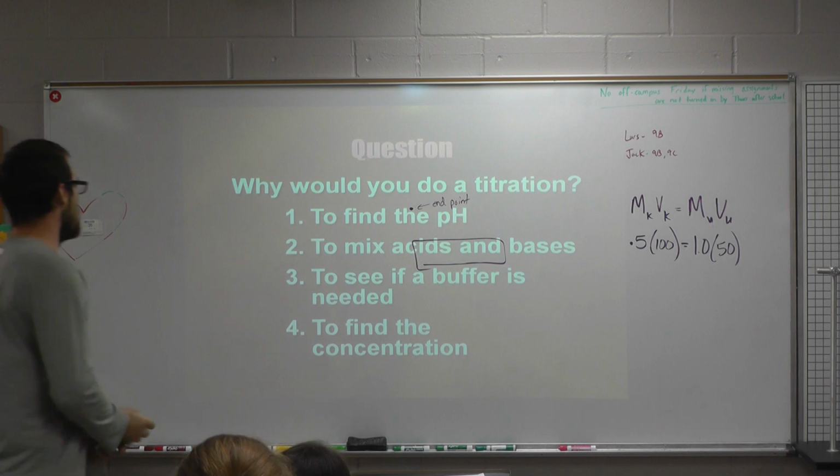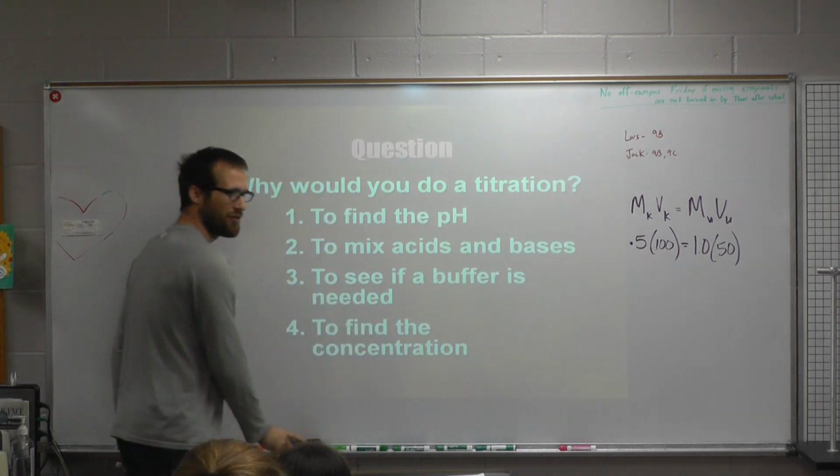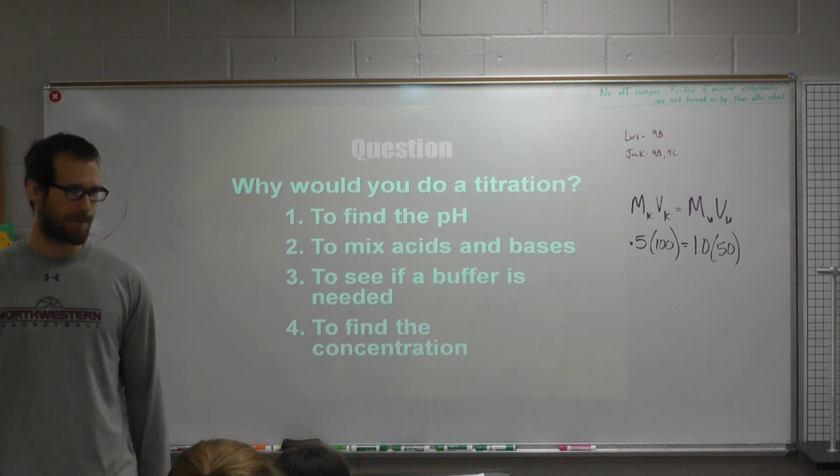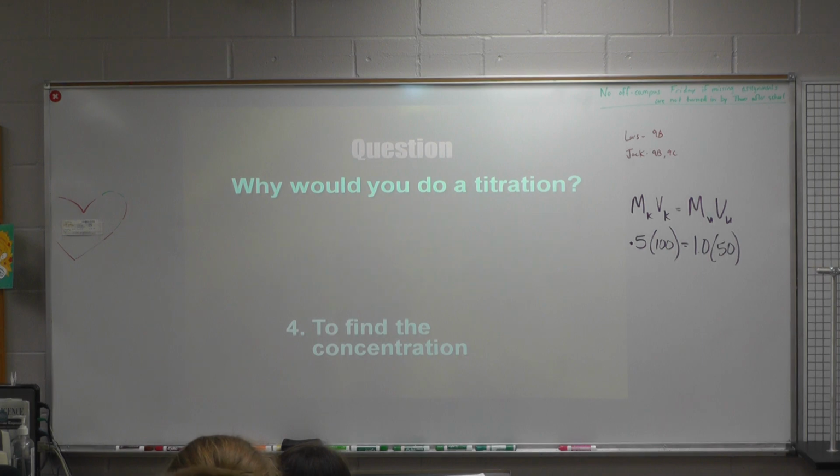Okay, why would you do a titration? Hopefully you can figure that out after what I said. At the beginning you said if there was a missing concentration. Yes, to find the concentration of some unknown concentration.